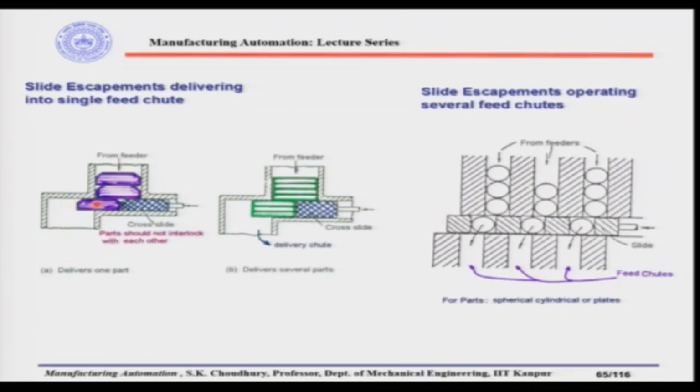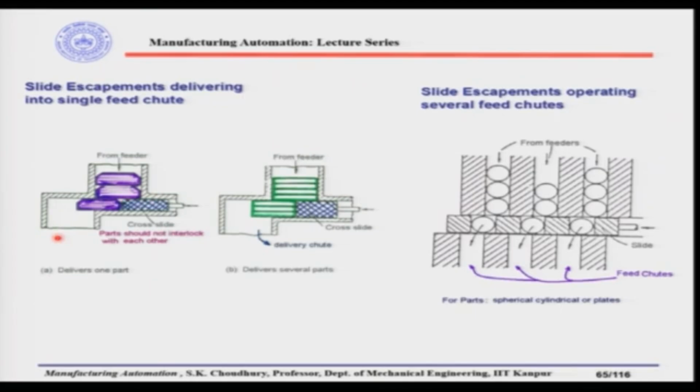While it is delivering one part to the assembly machine, the other parts in the feeder will be held back, so they will not be able to fall. Then again when the cross slide is going to the right side, all parts will be falling up to this, and the size of this cross slide is made according to the parts, so that only one part can be selected and go into the machine.